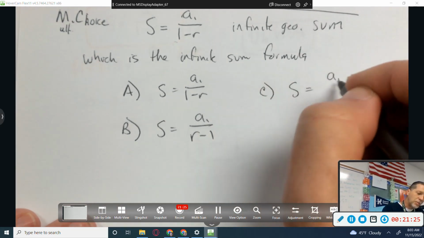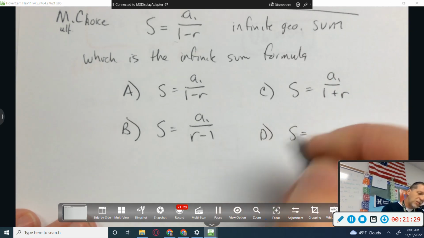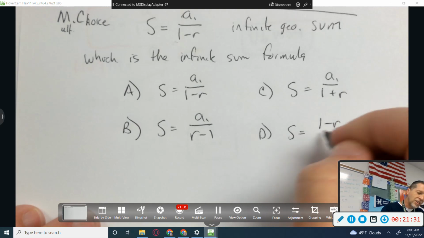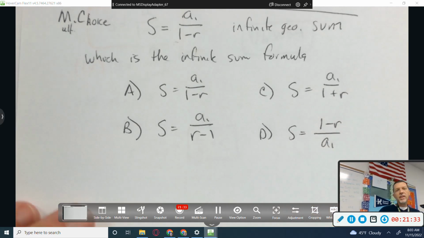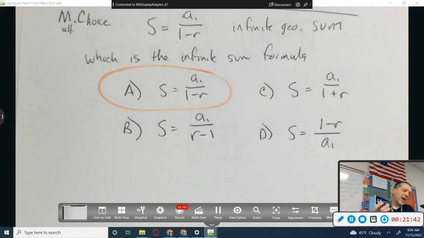Yep, you could go 1 plus r. Maybe switch it around, make it 1 minus r over a1. So, is that confusing? I hope not. Hopefully you look at that and you're like, yeah, I remember it's this one, and then you've got it the rest of the test. So that's what I mean by, is it given? No, but if you can recognize it, you'll have it.